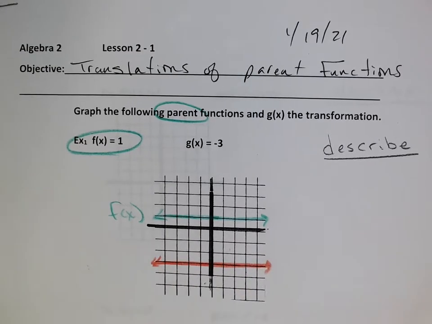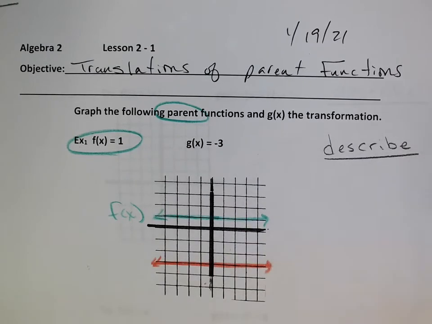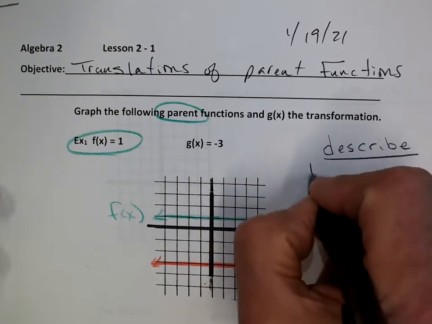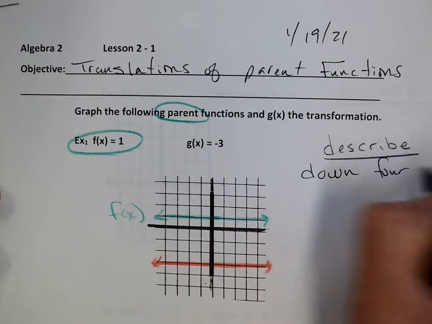So what happened? So we want to describe it. So in words, we could say, well, it went down 1, 2, 3, 4, right, in words. Down 4. Good.